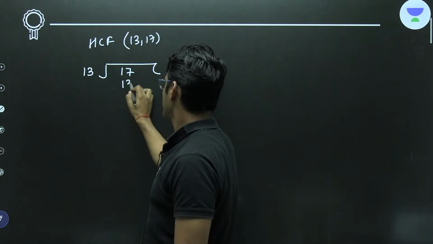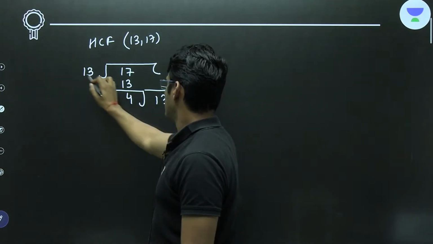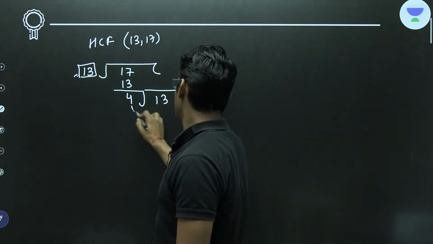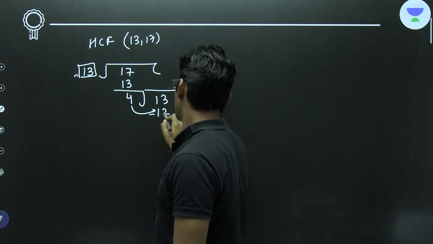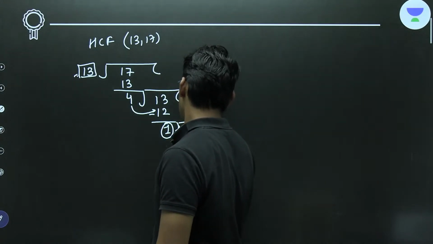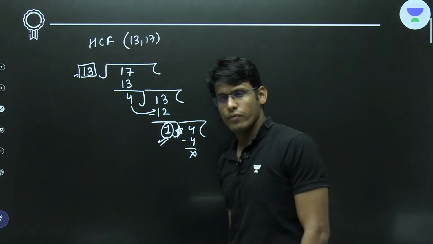You divide it, you get the remainder, you make this divisor as the next dividend, then the final number which you get so that the remainder is 0 is your HCF.